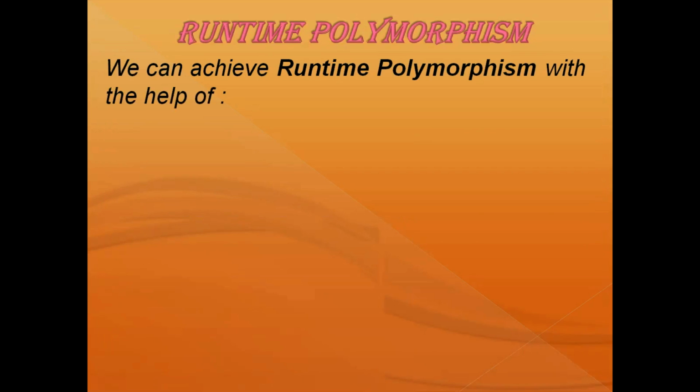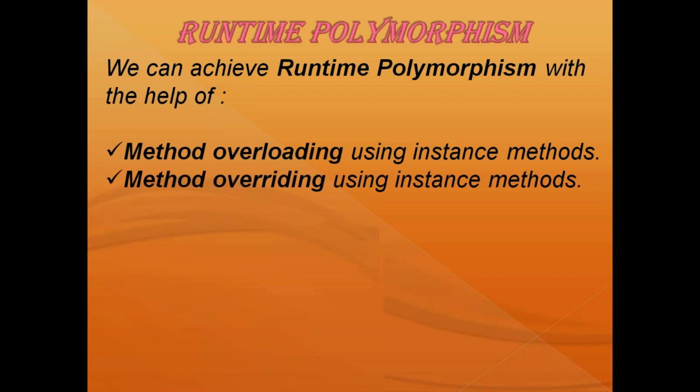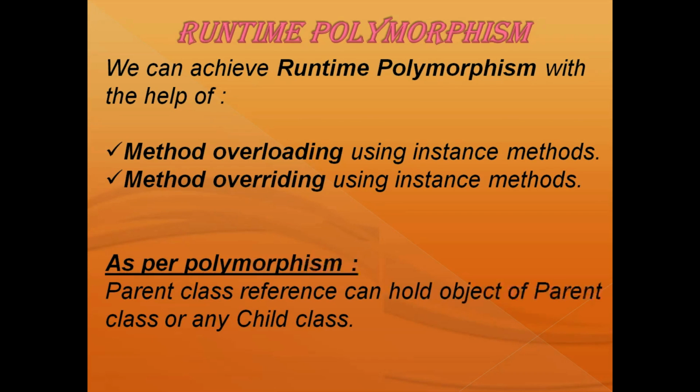So we can achieve runtime polymorphism with the help of method overloading using instance methods and method overriding using instance methods. So here the parent class reference can hold an object of the parent class or any subclass of the parent, right?